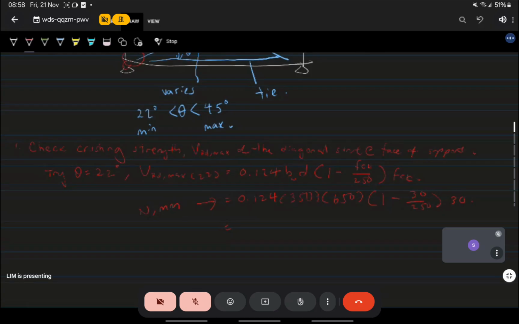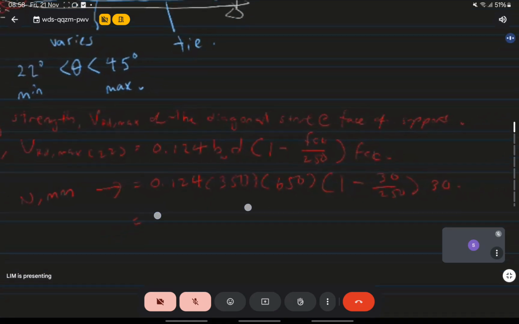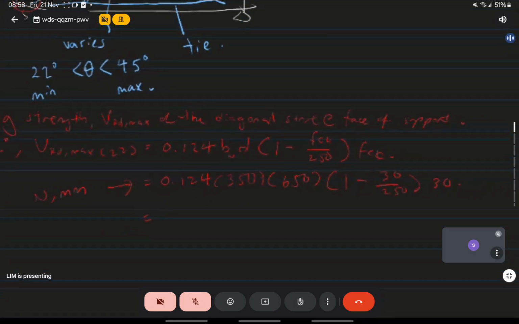So 30 divided by 250, minus 1, 0.88. 0.88 times 30 times 650, times 350 times 0.124. What did you get?